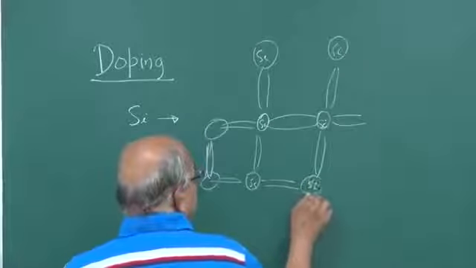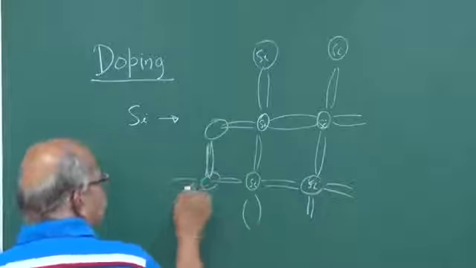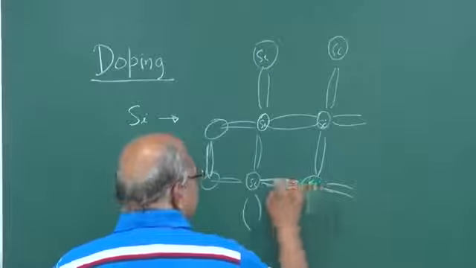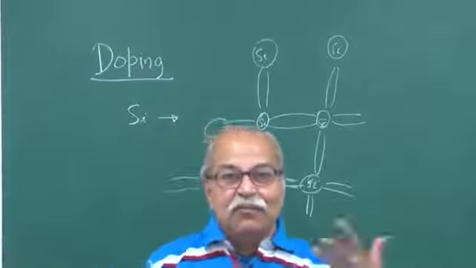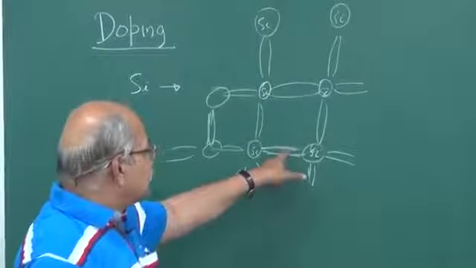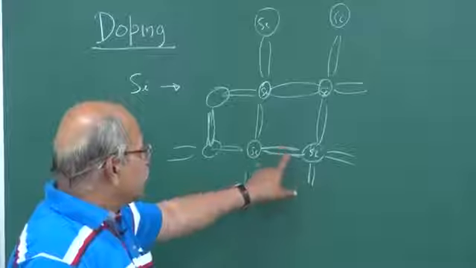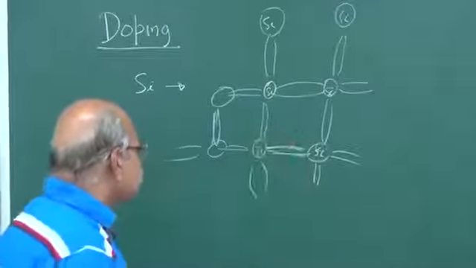Don't confuse this with a double bond. Two lines are also used for double bond, triple bond, and so on. These are to represent that it is a covalent bond and 2 electrons are in this bond.